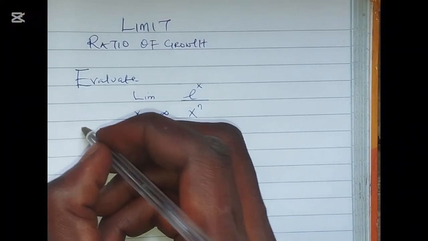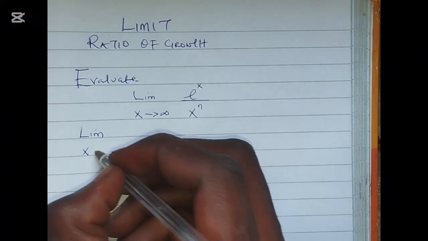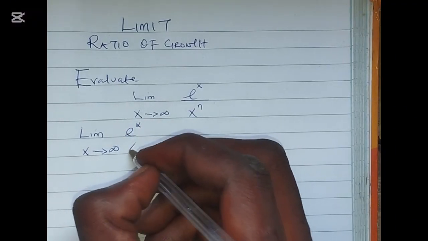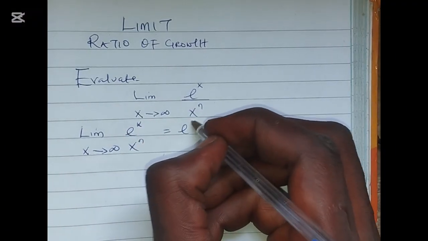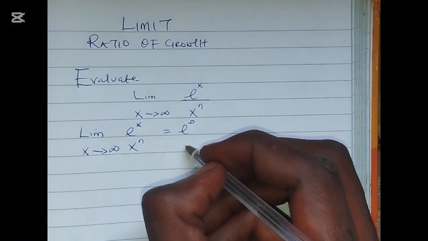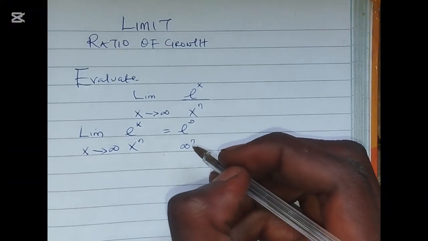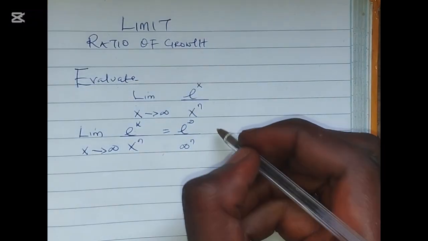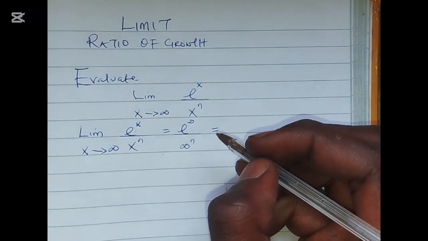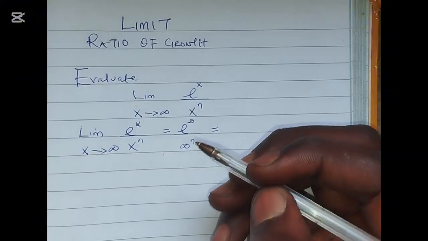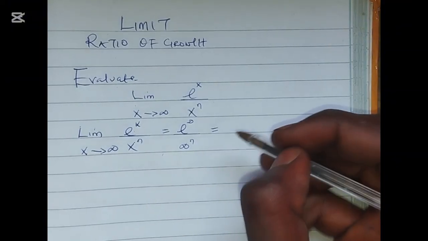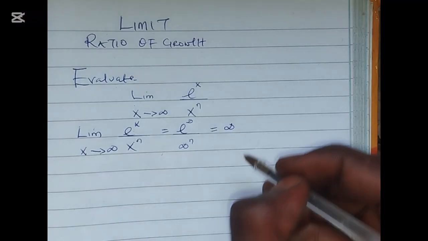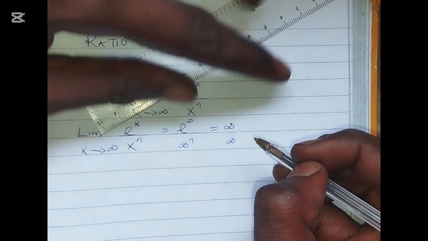The limit as x approaches infinity of e to the x over x^n is equal to e to the infinity all over infinity to the n value. Now e is a constant, and e to an infinite value gives us an infinite value. An infinite value to any value of n will also give us an infinite value.